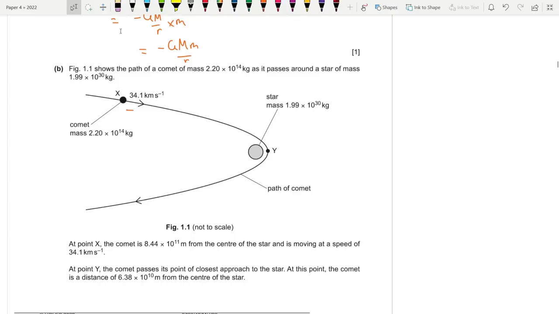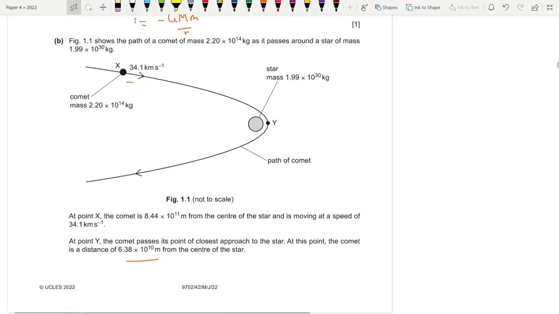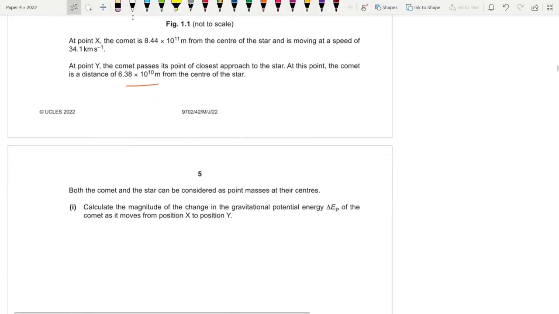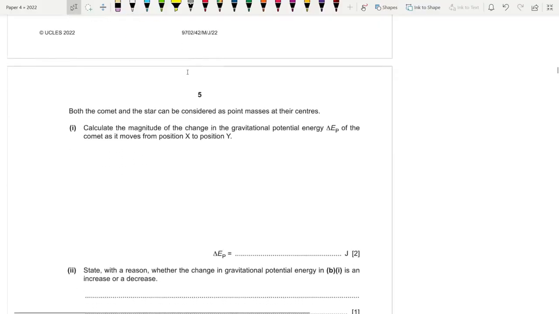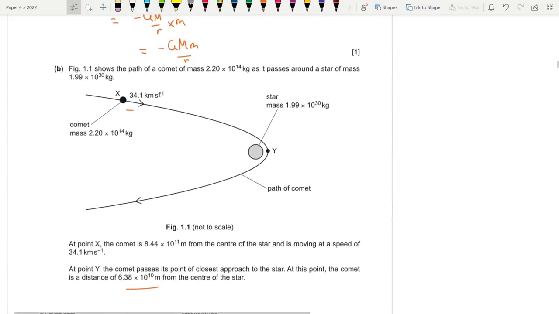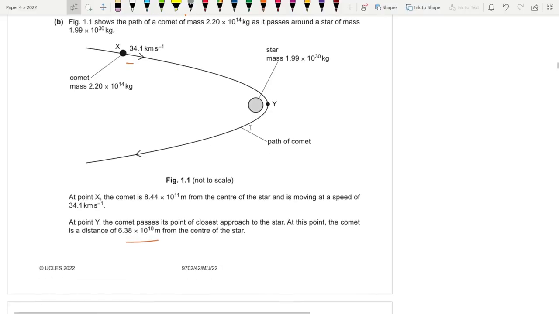At this point, the comet is a distance of 6.38 × 10^10 meters from the center of the star. Okay. Both the comet and star can be considered as point masses at their centers. Calculate the magnitude of the change in gravitational potential energy of the comet as it moves from position X to Y. So as it moves from position X to Y, since it's coming closer to the mass, it loses GP, right?